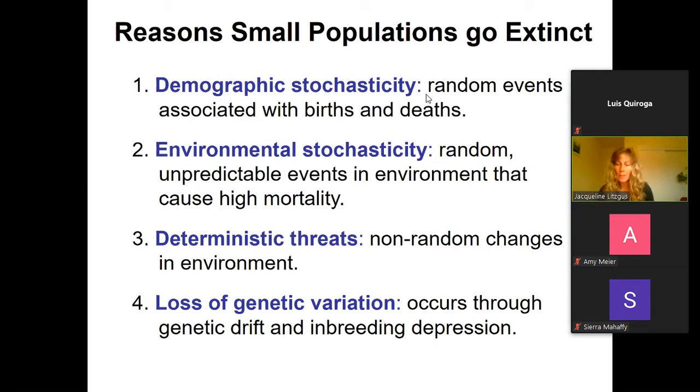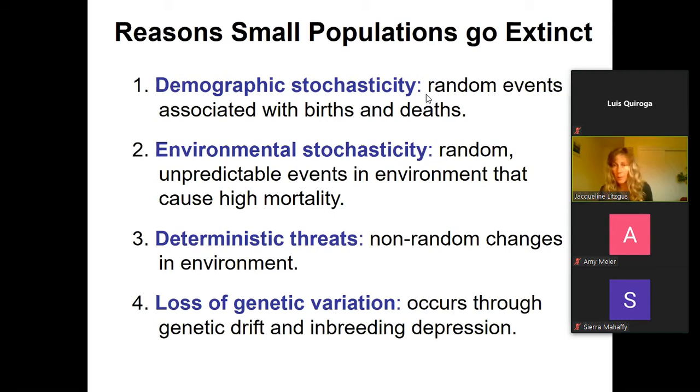Okay, so again, it's this stochasticity around events associated with birth rates and death rates. And again, it goes with this idea that the birth and the death of each individual is a discrete probabilistic event that can vary. So this means that even if all the individuals in the population are identical and have the same probabilities associated with birth and death, the precise timing and other details of births and deaths can vary randomly.